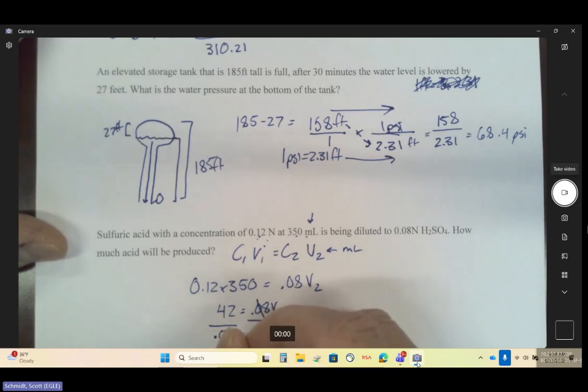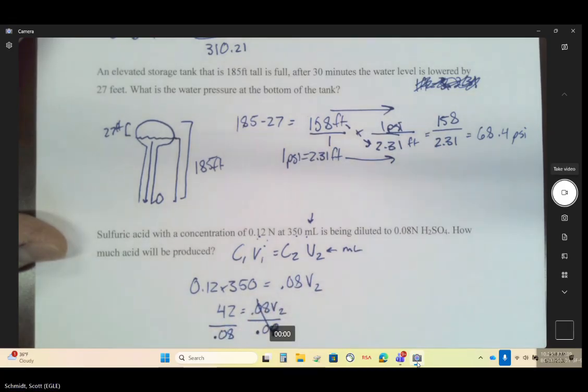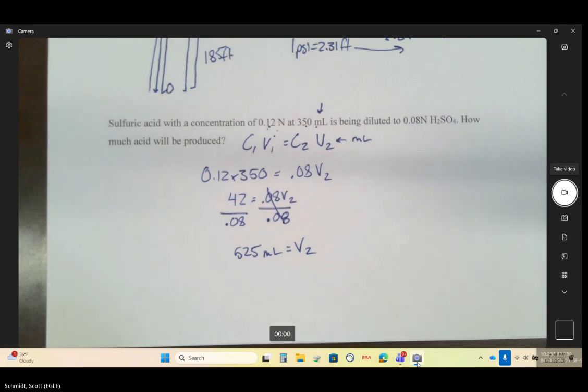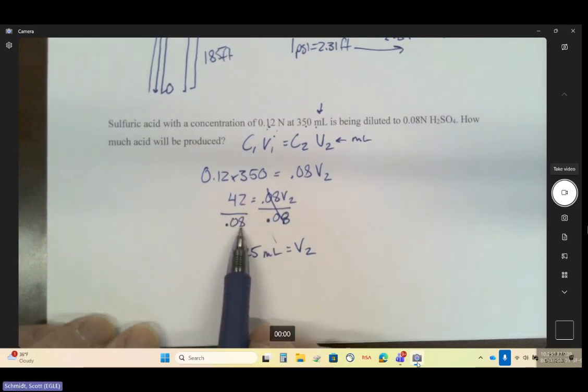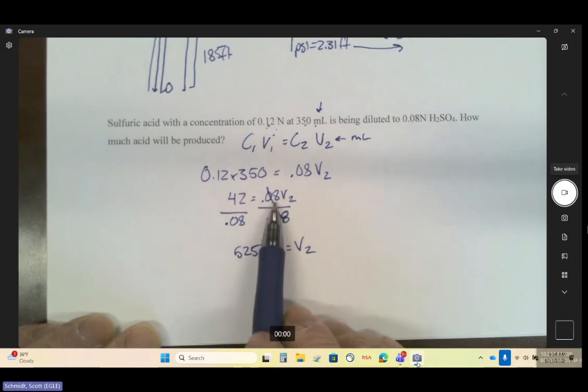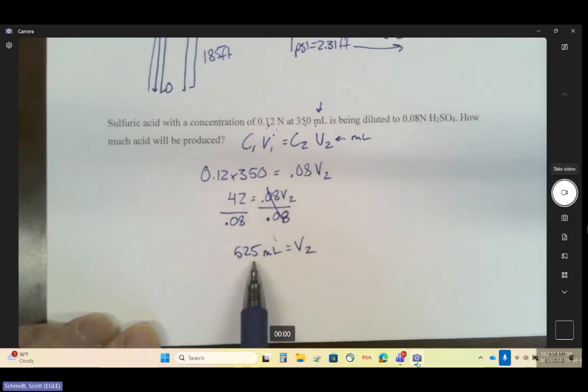Divide the 42 by the 0.08, and it gives me 525, which would be milliliters, is equal to our V2 here. So you divide the 42 by the 0.08, because whatever you do to this side, you got to do to this side. That goes away. Top and bottom, they cancel out and divide away. Then 525 milliliters is equal to our V2.